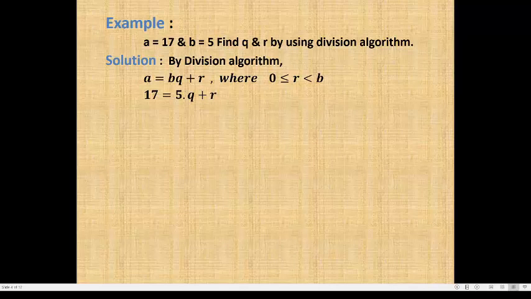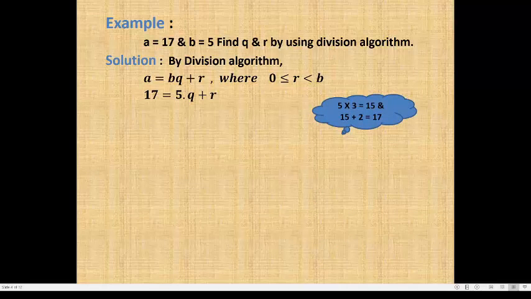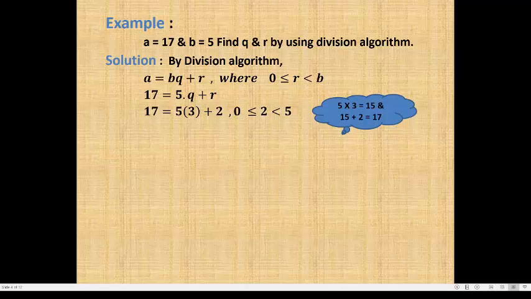Now 5 into 3 is 15 and 15 plus 2 equals 17. So here we get quotient 3 and remainder 2. So 17 equals 5 into 3 plus 2. 2 lies between 0 and 5, exclude 5. So we get quotient q equals 3 and remainder r equals 2.